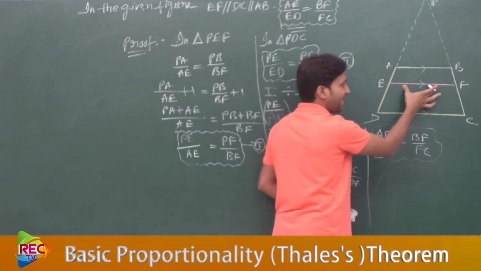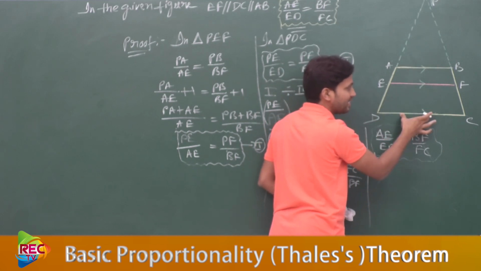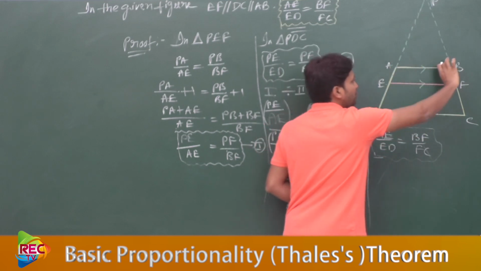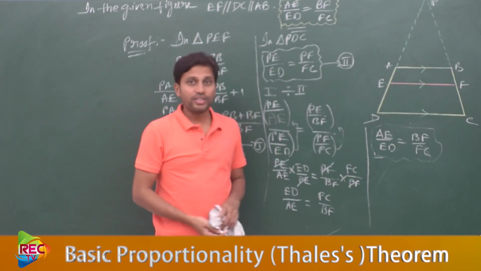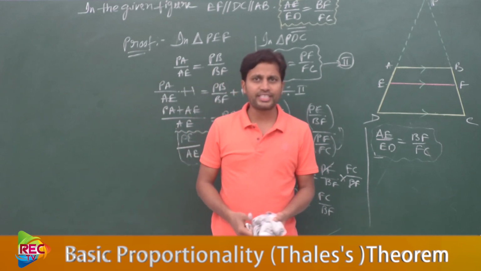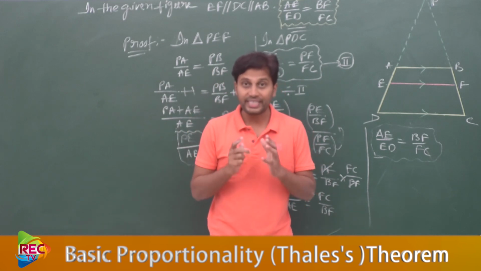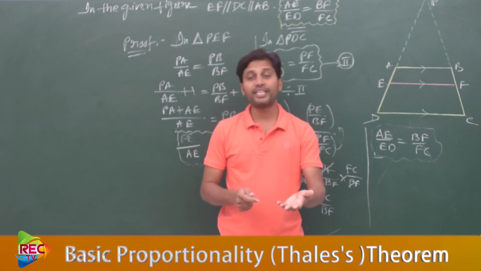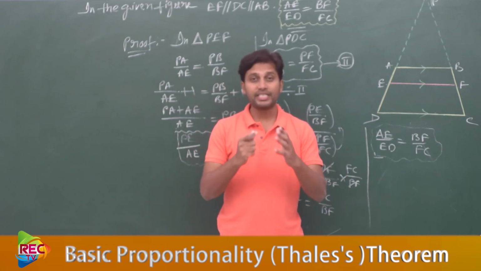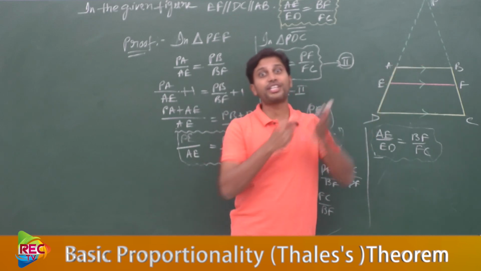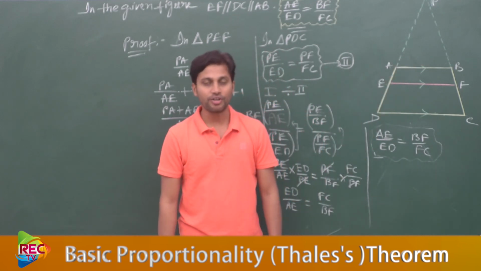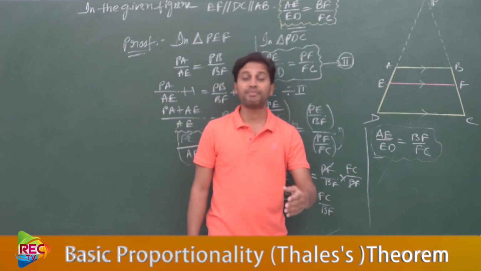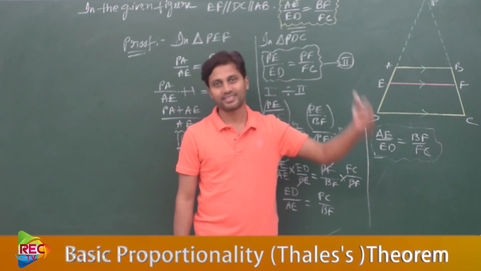That means this line which is drawn parallel to the parallel sides will divide these non-parallel sides in the equal ratio. Got it or not? So it is almost similar to the basic proportionality theorem. We obtained one proportionality relation using the basic proportionality theorem of triangles for a trapezium also.